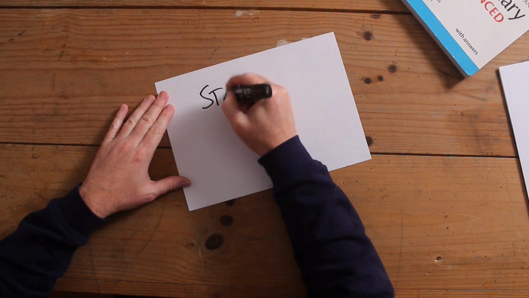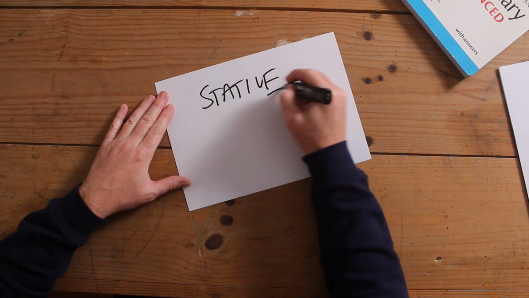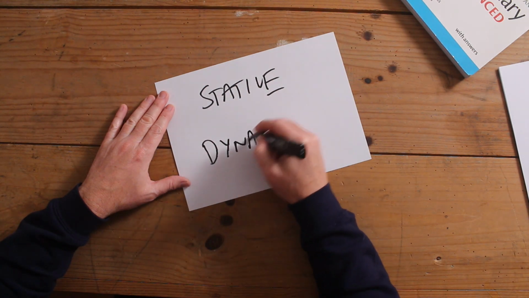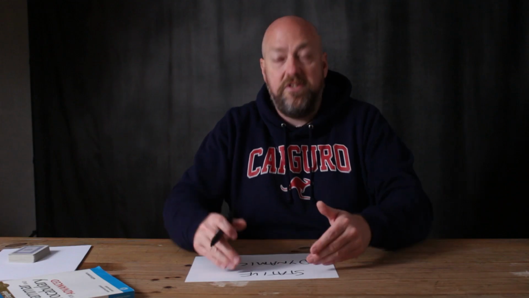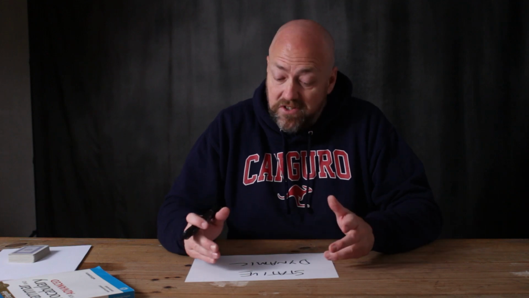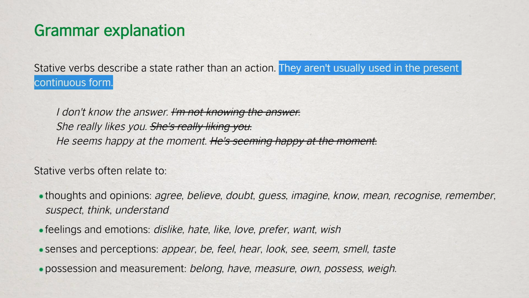Almost all students who study grammar will eventually encounter the subject of stative and dynamic verbs. Stative verbs describe states and dynamic verbs describe actions. Here is a list of stative verbs from the British Council website.